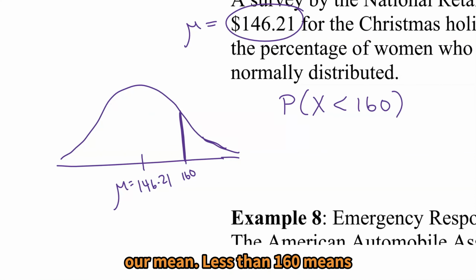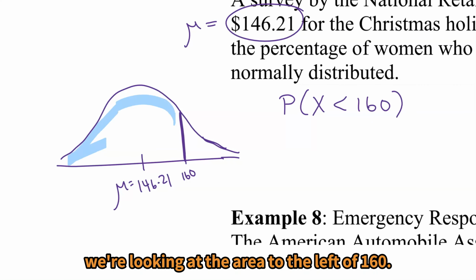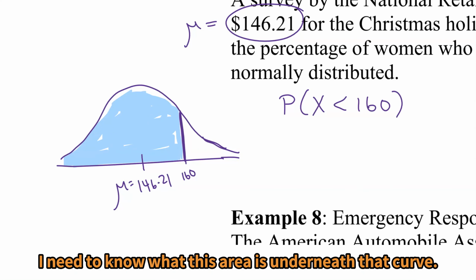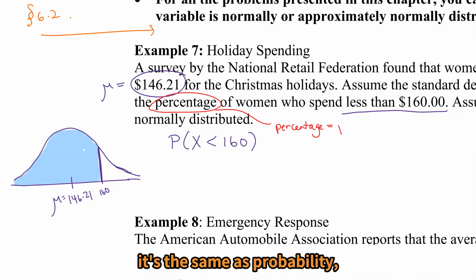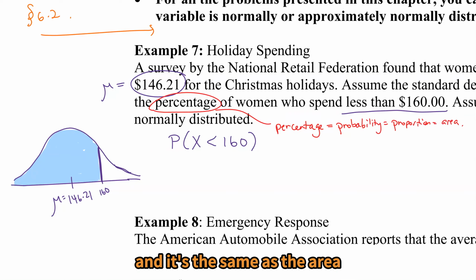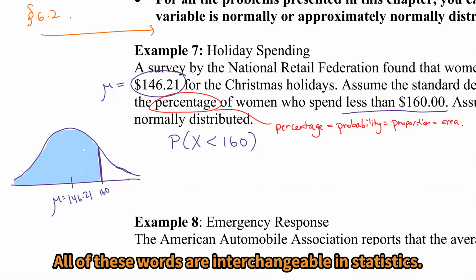Less than 160 means we're looking at the area to the left of 160. I need to know what this area is underneath that curve. So again, percentage is the same as probability, the same as proportion, and the same as the area under the curve. All of these words are interchangeable in statistics.